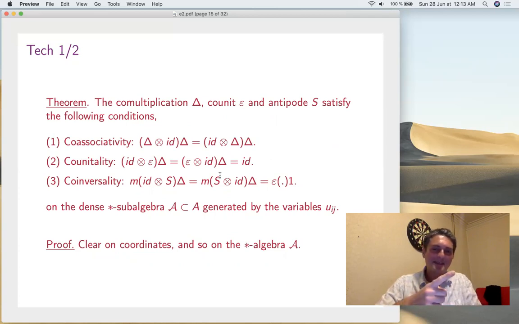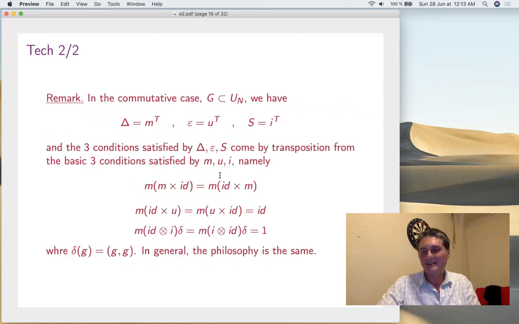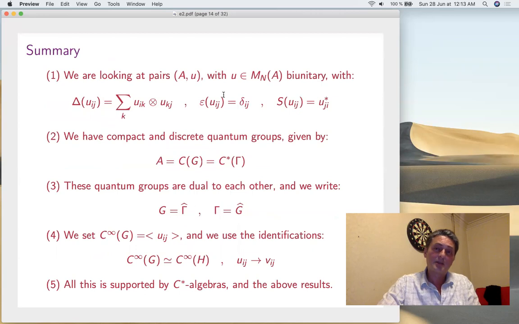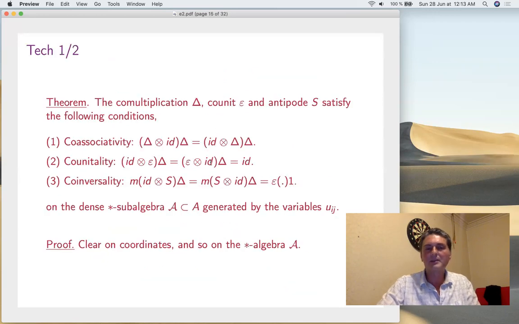The proof of this is trivial: you verify these formulas on the coordinates, and then you're done by linearity and multiplicativity. But the tricky thing is that in the classical case, these are exactly the group axioms. Getting back to our summary, we have all this as before, and we have some tools now: delta, epsilon, S satisfying this.